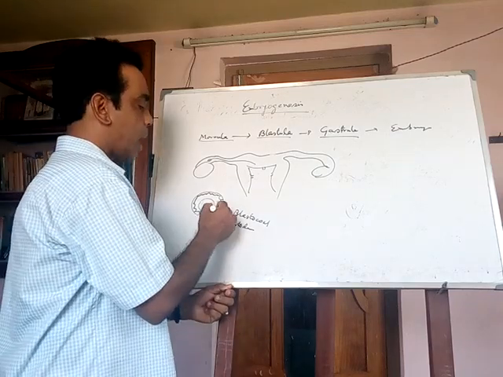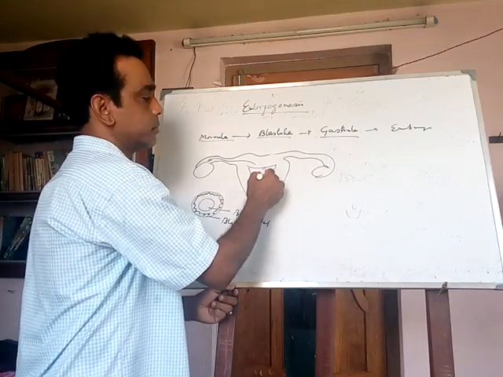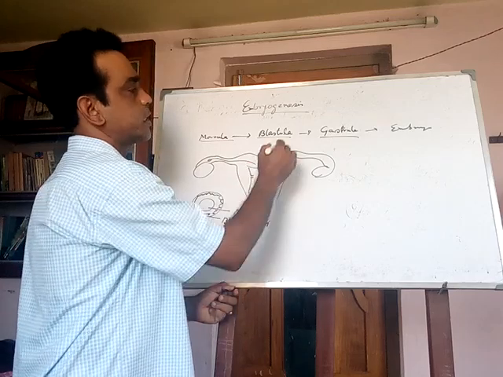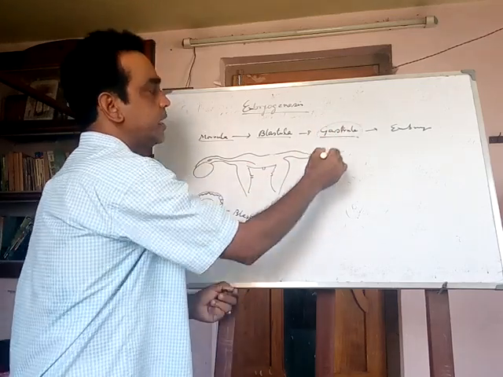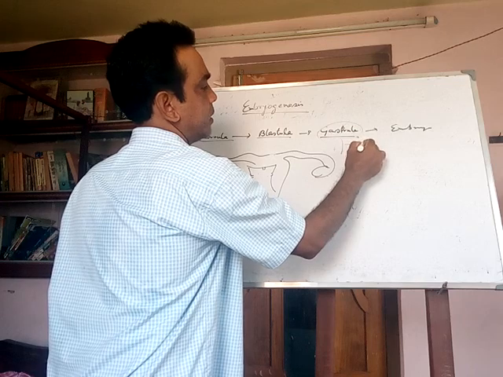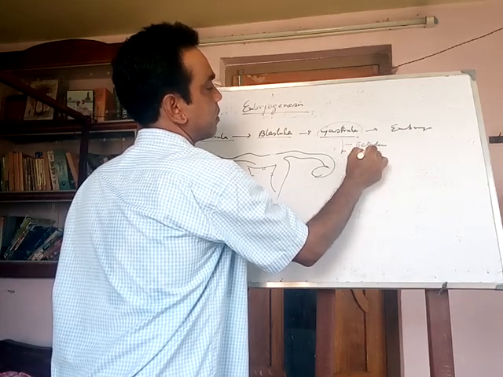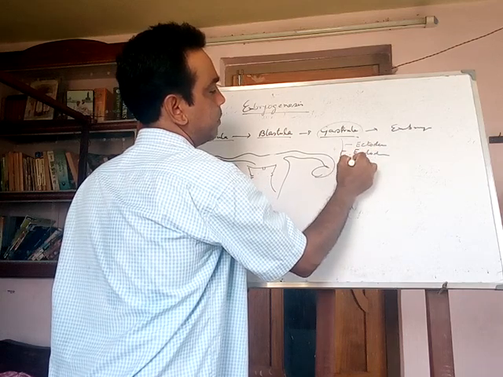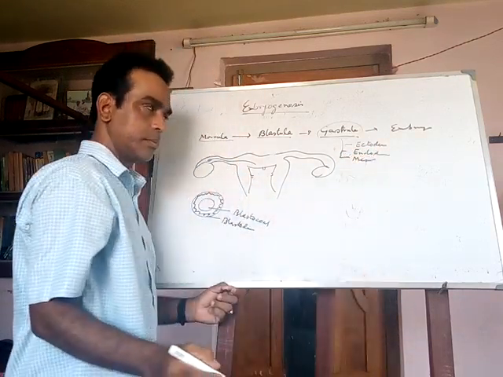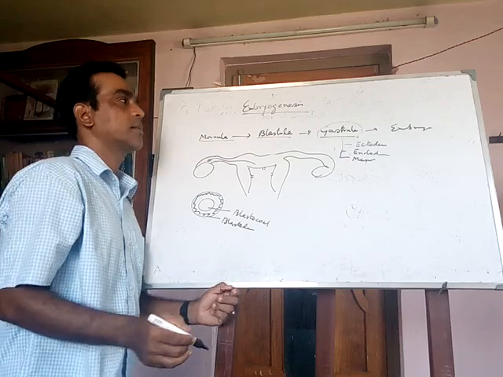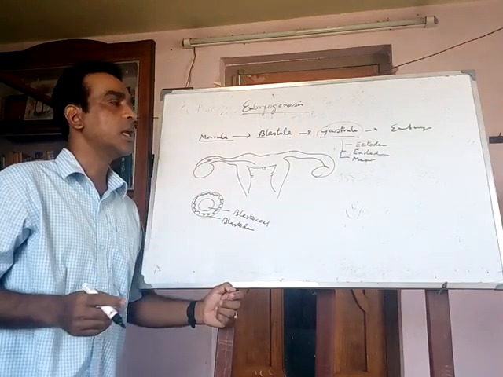Now, after reaching the uterus, the blastula forms the gastrula, that is 3 layers: ectoderm, endoderm and mesoderm. 3 layers are found in the gastrula.